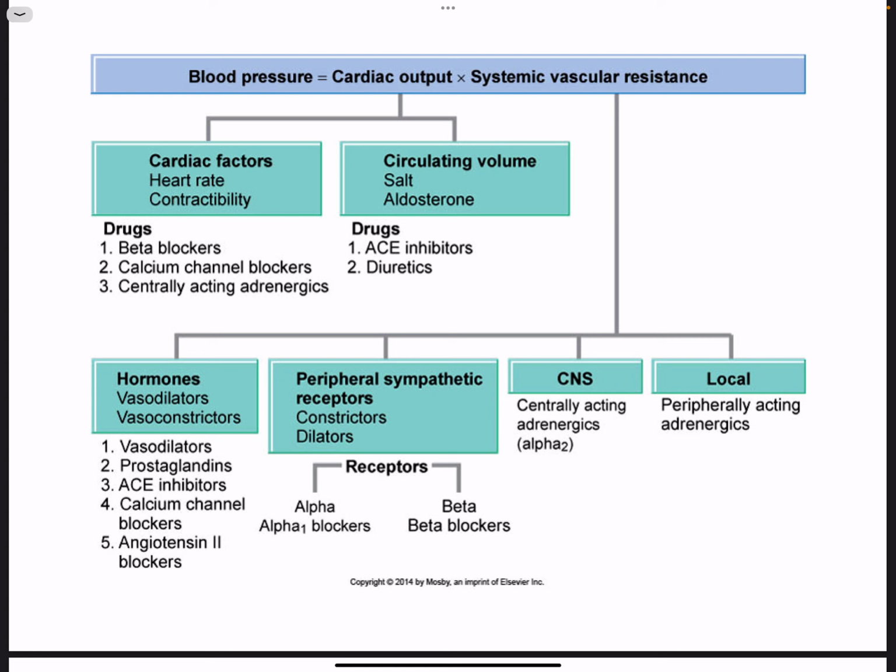So, RAS: renin, angiotensin, aldosterone system, because they regulate the blood pressure.